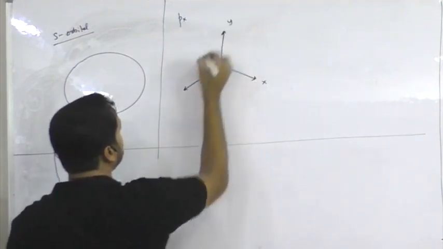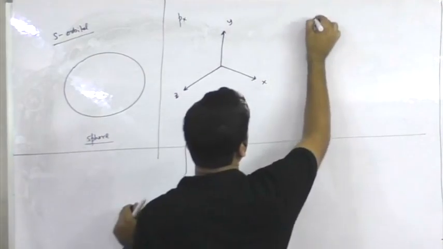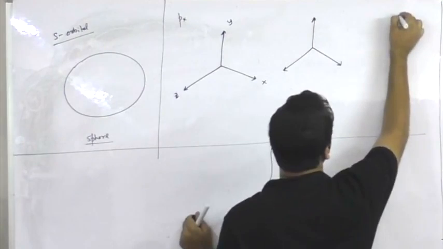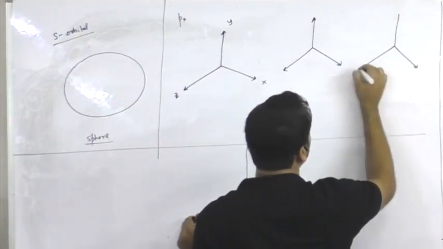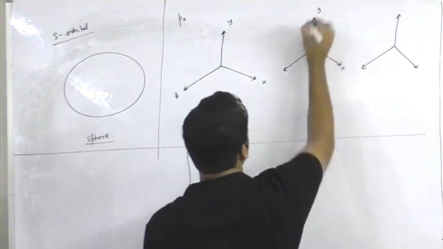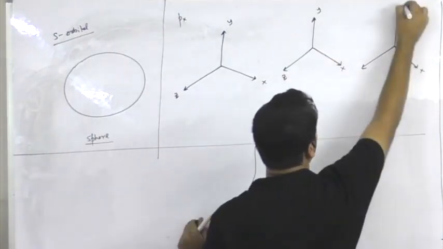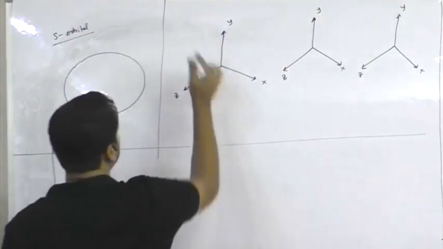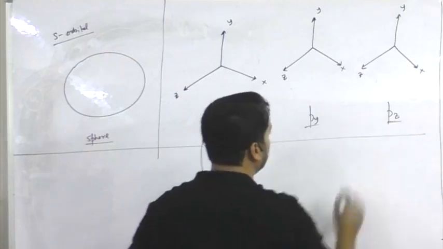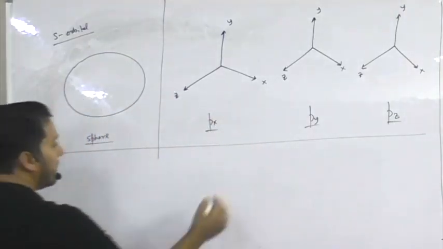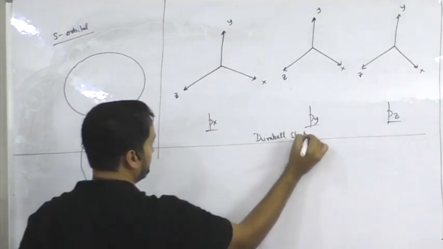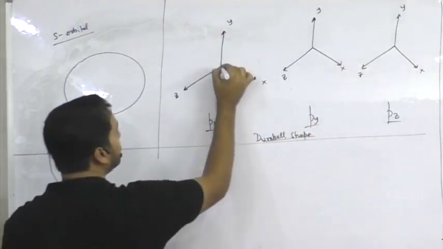This is x-axis, y-axis and z-axis, let's say. ध्यान देना, these are dumbbell shaped orbitals. ठीक है, px looks like this.